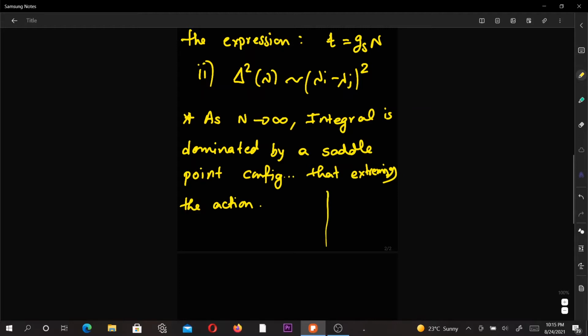The idea comes from something called Hamilton's principle. If you have done a bit of classical mechanics, you can look it up, or if you haven't, you can just look it up.